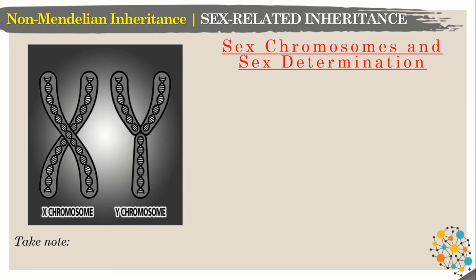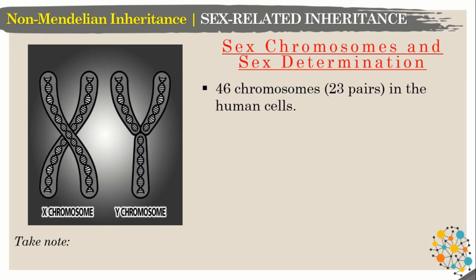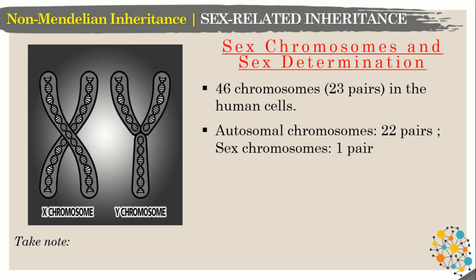Last time, in our last topic, we said that we have 2 types of chromosomes under your DNA. So, we have 46 chromosomes, or 23 pairs of chromosomes, in a human cell. Okay. Half of it comes from your father and the other half from your mother.